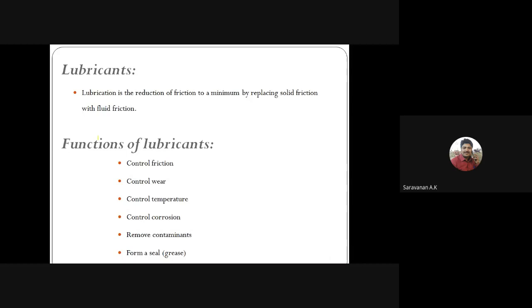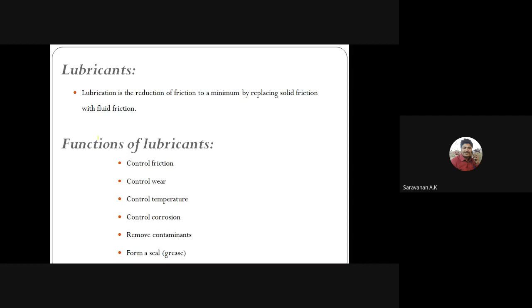For example, if we have two mating parts, the two mating parts rub against each other, right? So we may get some frictional force and some heat and some wear and tear, right? So between these two mating surfaces I can put something. So what will happen? The solid friction will be converted into fluid friction, right?